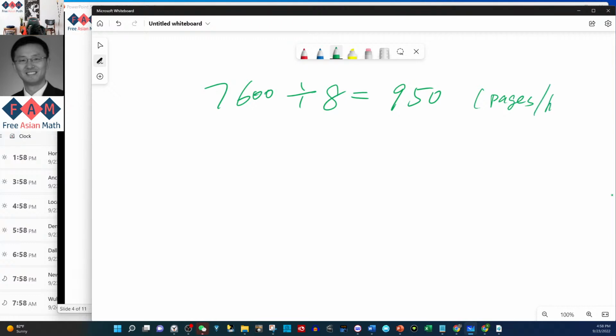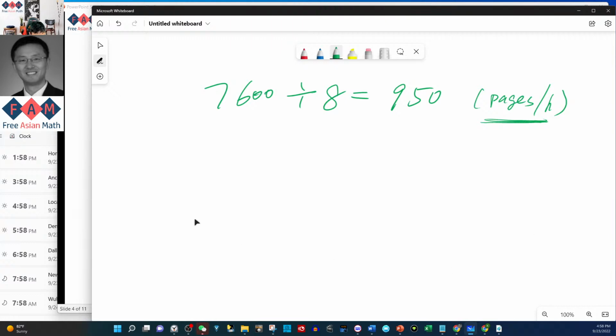This is the combined number of pages that the two printers can print out in 1 hour, right? This is divided by 8. So when you add that unit, you really want to give a very accurate description. This is pages per hour that both printers together can print out in 1 hour.